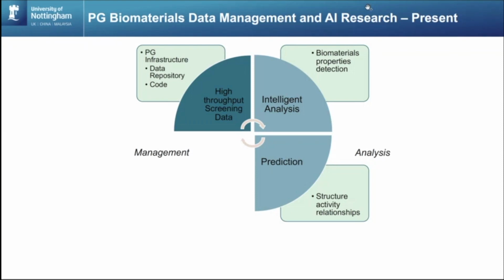We have a stream which is intelligent data analysis of the current data sets that they have, and we've been doing this analysis to understand what are the material properties that lead to the biological endpoint that they're interested in. And we also do the prediction of structure activity relationships, which has to do with, if we are to design new materials, what are the main properties that we need to take into consideration to induce a specific biological phenomenon. Next slide, please.